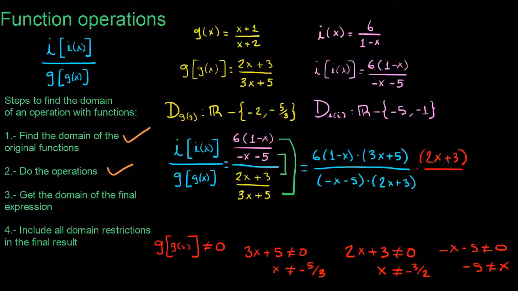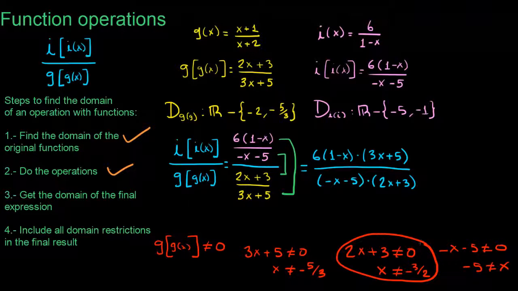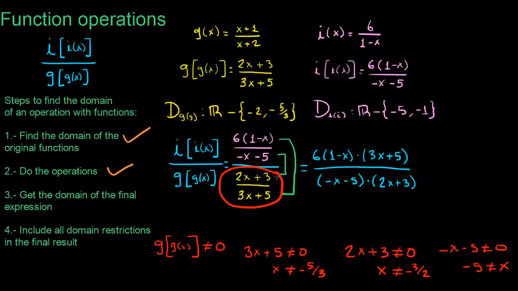You would say, oh well, I could cancel out this one, and by doing so you would cancel out this term here. Perhaps you wouldn't have included this restriction, and that would have been a mistake, because you have to make sure that no part of g of x would produce a 0.